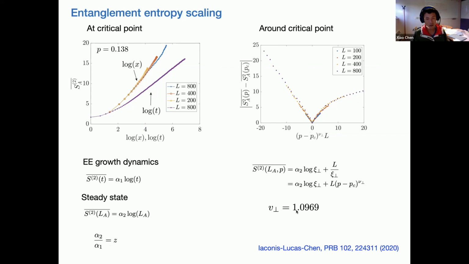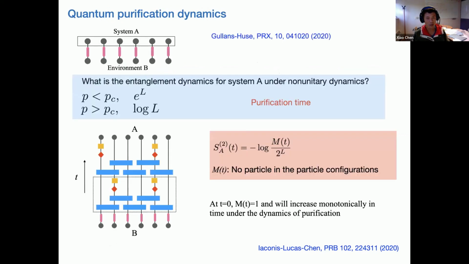So we can further use this mapping to understand other geometrical problems like quantum purification dynamics. In this case, we could also show that the entanglement entropy for subsystem A maps to some classical quantity in the particle dynamics, and it's a similar problem.